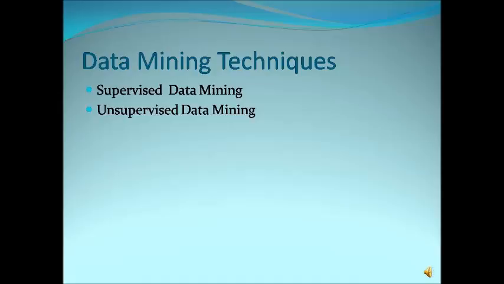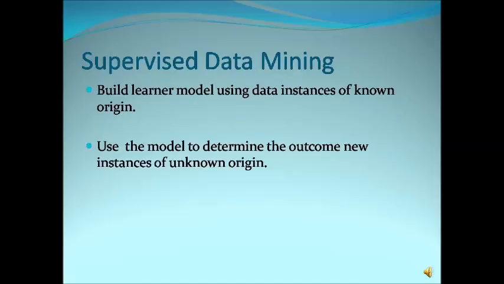Data mining techniques can be divided into two different categories: supervised data mining and unsupervised data mining. In supervised data mining, we build a learner model using data instances of known origin. In other words, we have data in which we know the class for each of the instances in the data.